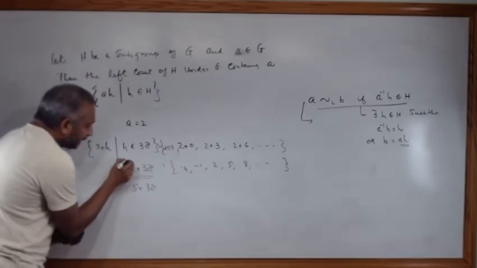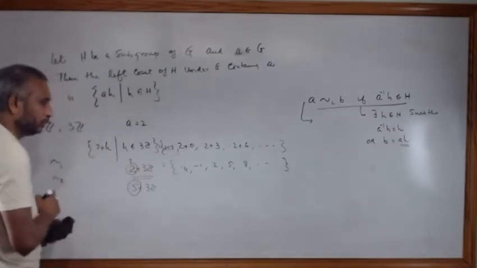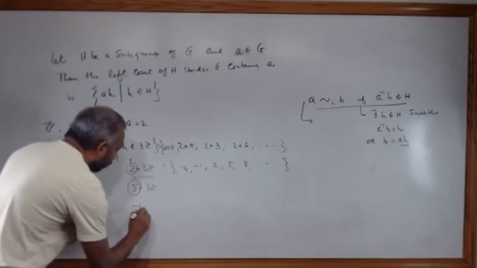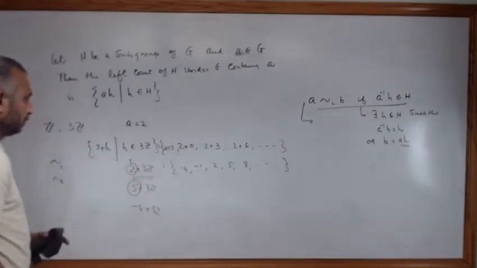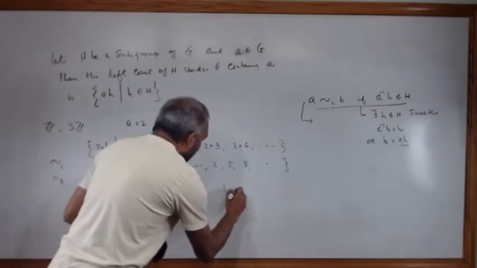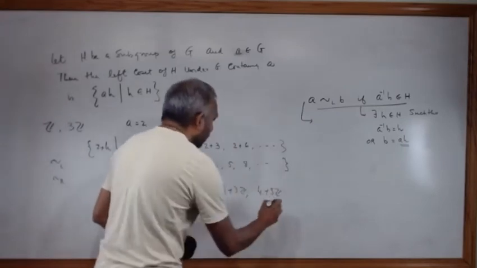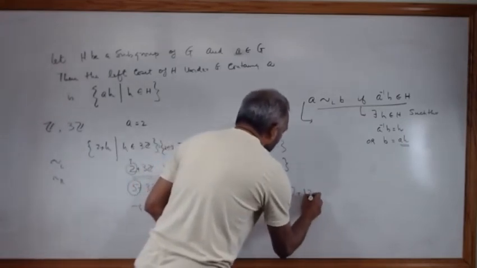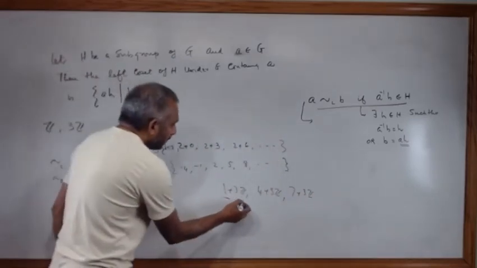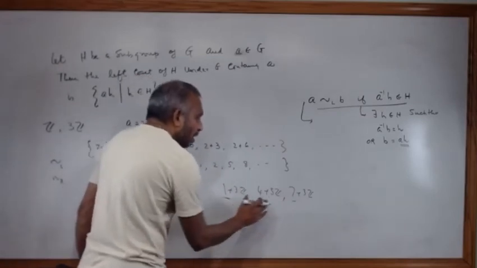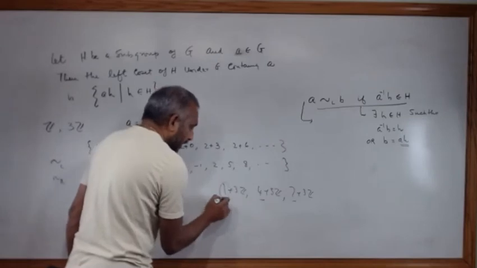And we can say these are the representatives of the coset. You can take any of them. Minus 4 plus 3Z, these are all the same. Like that, 1 plus 3Z, 4 plus 3Z, 7 plus 3Z, these are all the same, because 1, 4, 7 are all in that coset and they are all related to each other. And these are representatives of that coset.